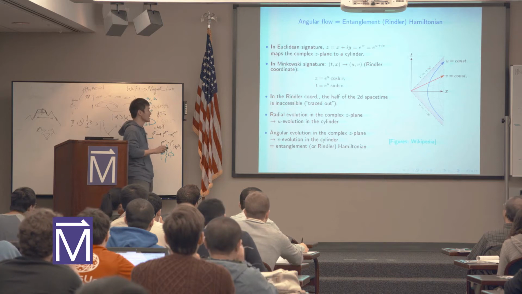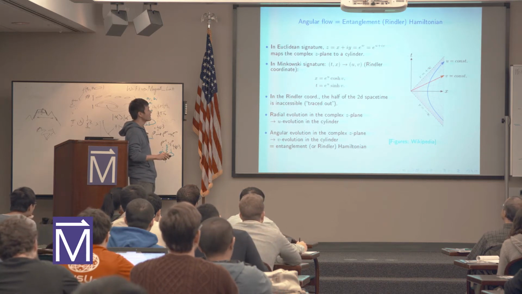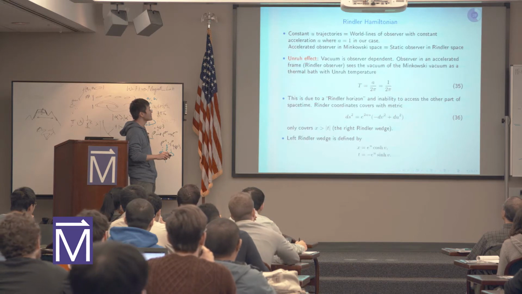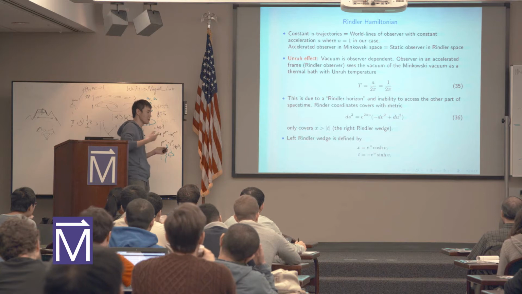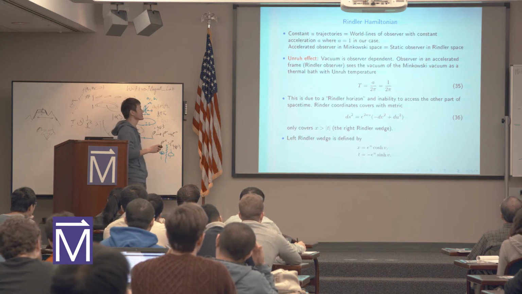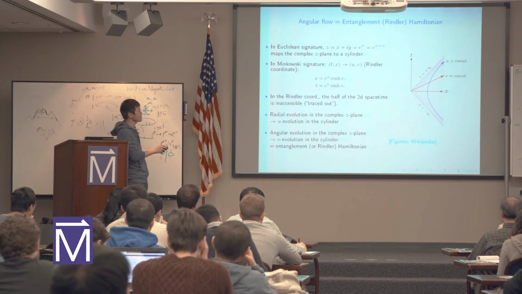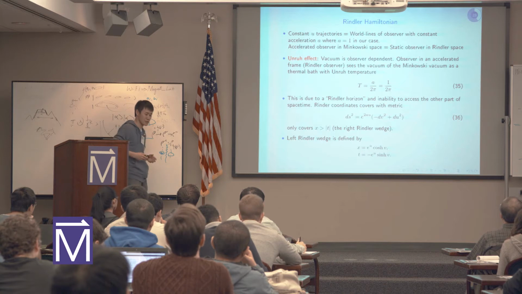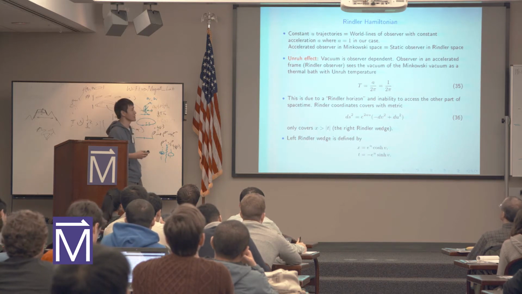So these trajectories are the world lines of a particle or observer which is accelerated. In this case, the acceleration is just 1, but if you change this coordinate transformation slightly, you can also consider a particle with more generic values of acceleration.